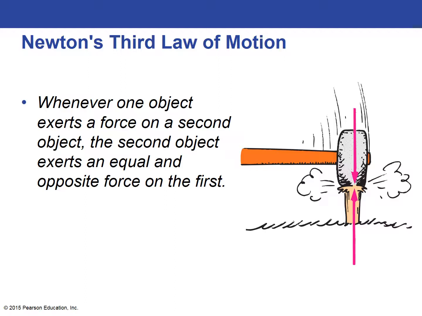So the sledgehammer exerts the downward force on the nail, and the nail exerts the upward force on the sledgehammer. These two are equal and opposite and give an example of Newton's third law of motion.